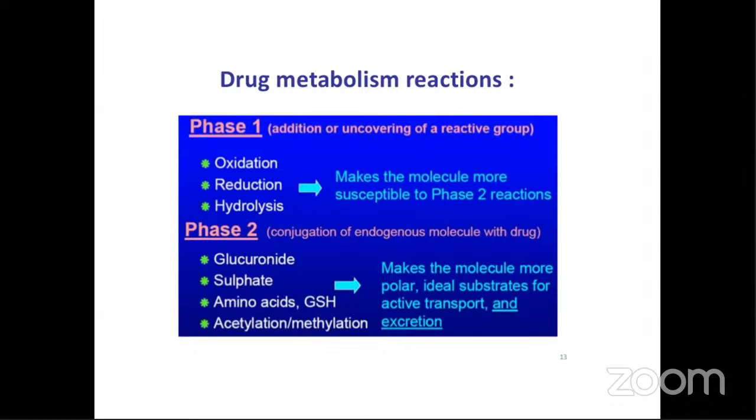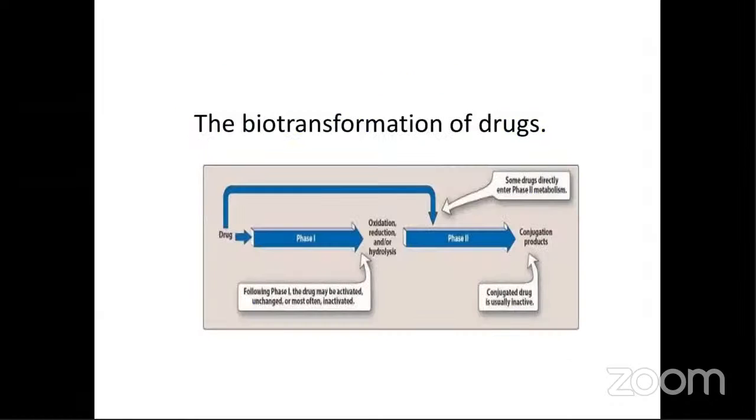So we have discussed what is metabolism and what are the different factors of metabolism. Next, the different phases of metabolism. How the process is going on, you see phase 1 and phase 2. Sometimes it can enter from phase 1 to phase 2, or it can directly enter phase 2 also. The drug enters through phase 1 and undergoes oxidation, reduction or hydrolysis.